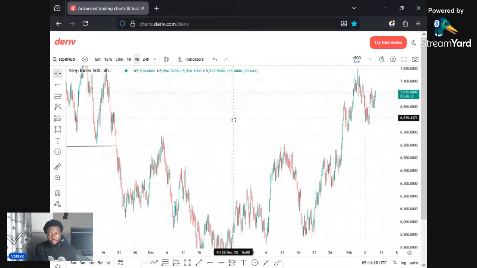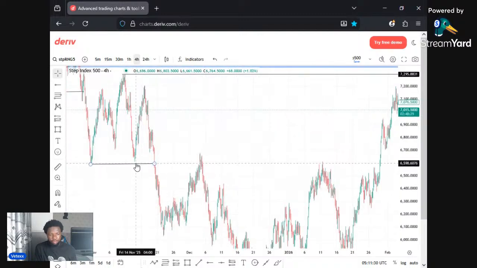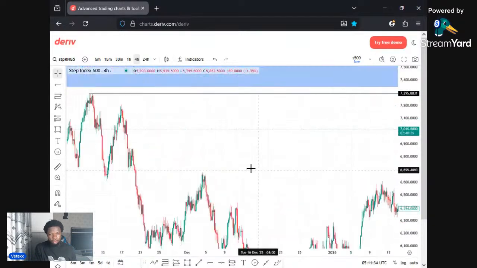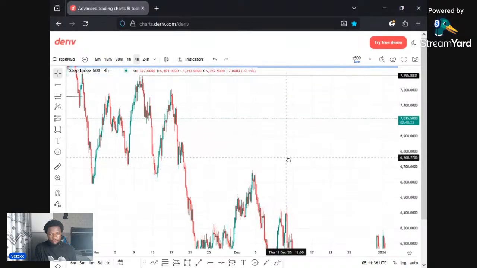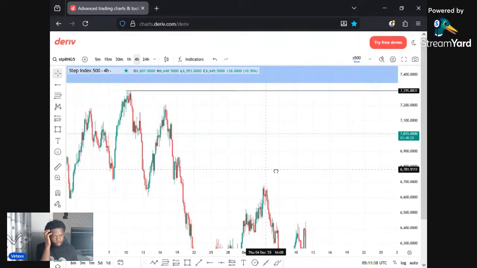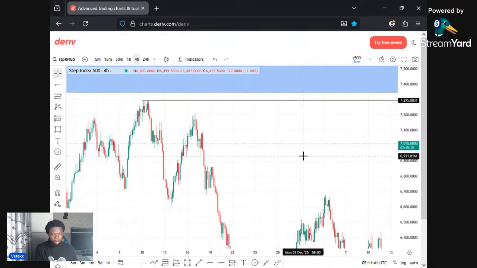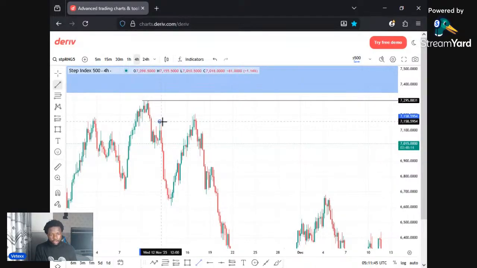If you look closely on the 4 hour time frame, we have a sweep of liquidity here.